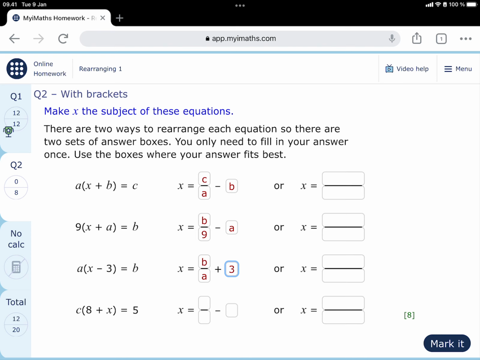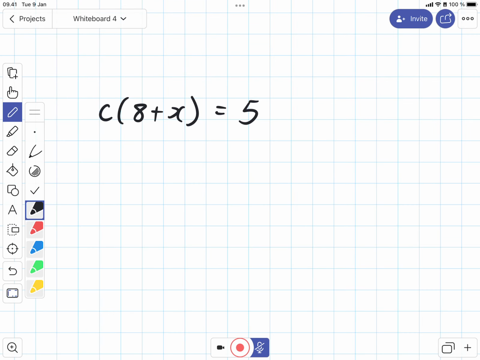I filled that in, and then the next one says c(8 + x) equals 5. I'll get closer to the x if I divide by the c that bracket is being multiplied by. So I'm just left with the stuff that's in the bracket, 8 plus x.